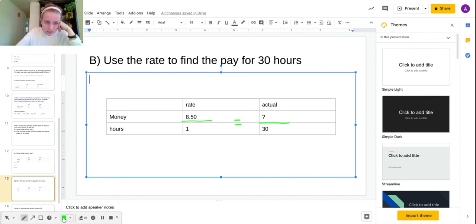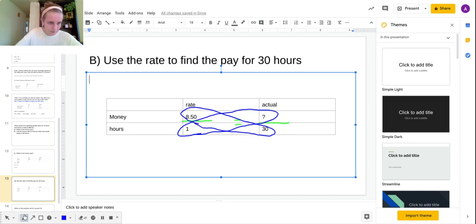Okay, so now we can cross multiply. Let's pick a different color. So I'm going to cross multiply. I'm going to take this times this, which I'll substitute the question mark in for a variable, and take this times this. Let's check it out. Let's try it. Okay, so if I have 850 times 30, that's not right.